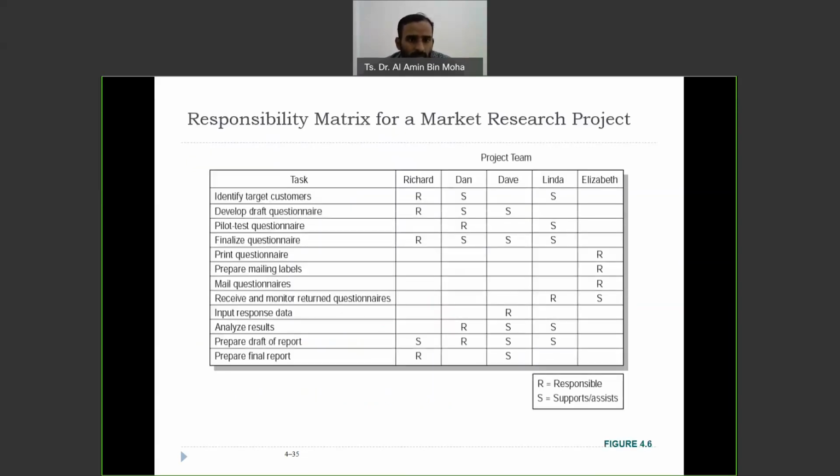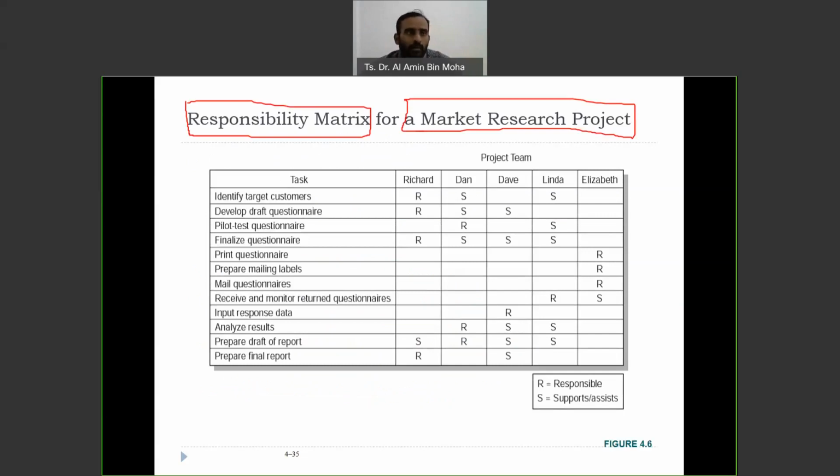So this is the example of the responsibility matrix for a market research project. Basically, this responsibility matrix doesn't have a fixed template. It depends on the project, depends on creativity, and also how far we want to map the scope or the work to be done.